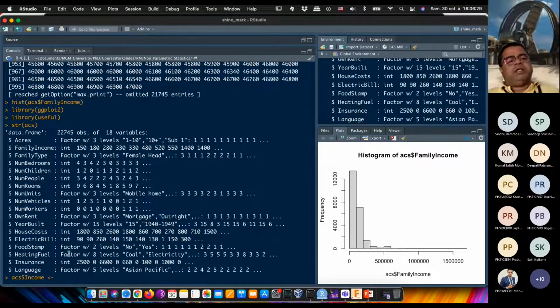I'm going to create a new field. So how do I calculate this field? If family income is more than 150,000, then I have to make it TRUE, and otherwise make it FALSE. That is what I am going to do.